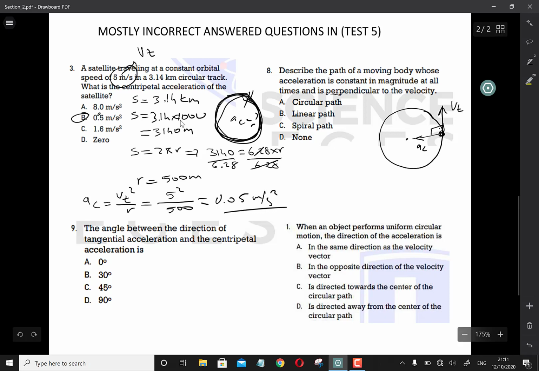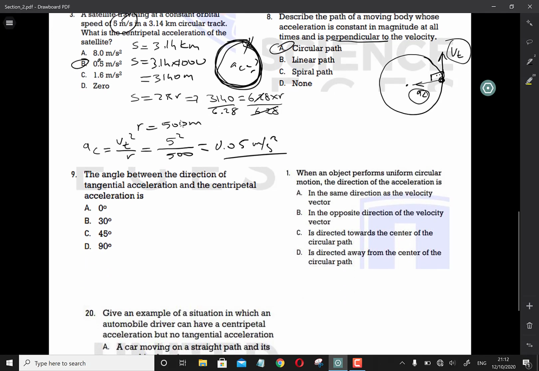Acceleration AC is constant in magnitude if Vt is constant, and these two vectors are always perpendicular, so the object will follow a circular path in this case.